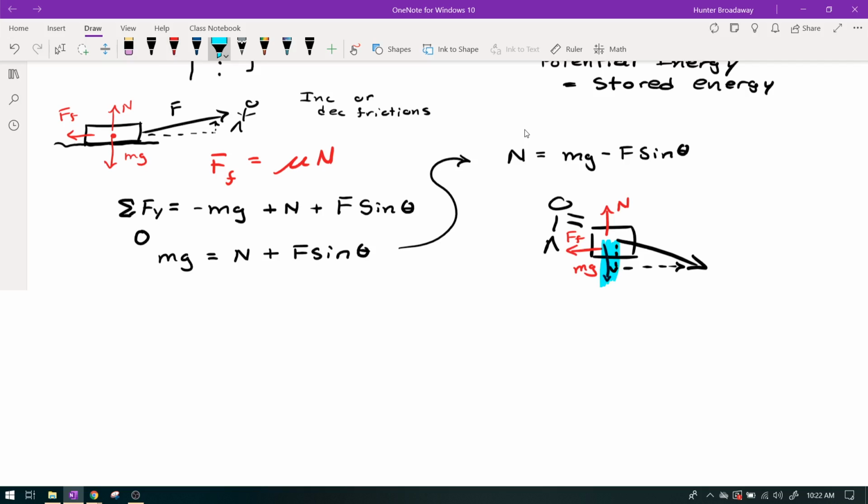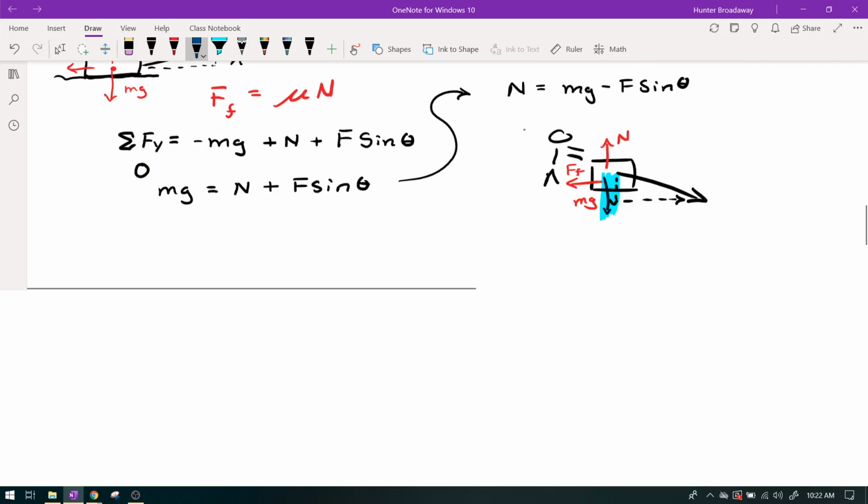So in order for this to be balanced, in order to do Newton's second law, I always write it as the sum of the forces in the y direction, and then I just write everything out.